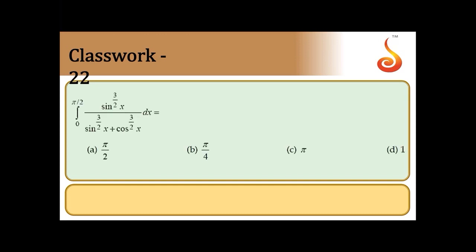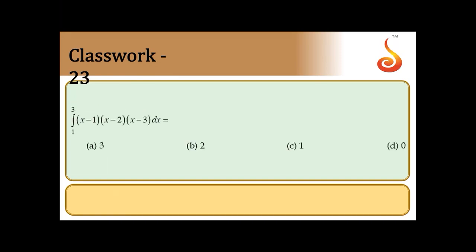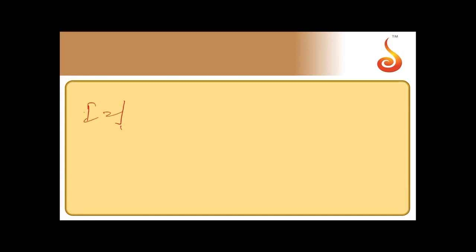Similarly, the next one, of course, same concept, pi by 4 upper limit by 2, same concept, f of x by f of x plus f of a plus b minus x concept. Of course, this one also can be written in the same fashion, I is equal to integral 1 to 3 x minus 1, x minus 2, x minus 3. Now I apply integral a to b f of x dx is the same as integral a to b f of a plus b minus x dx.